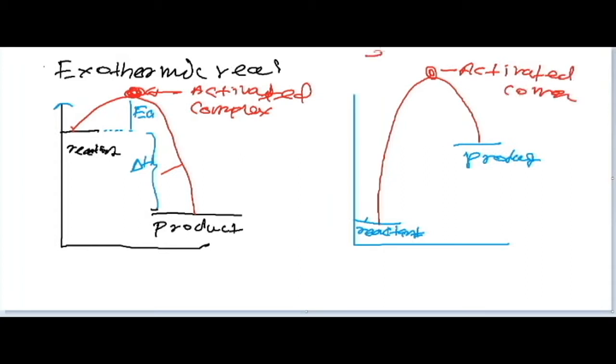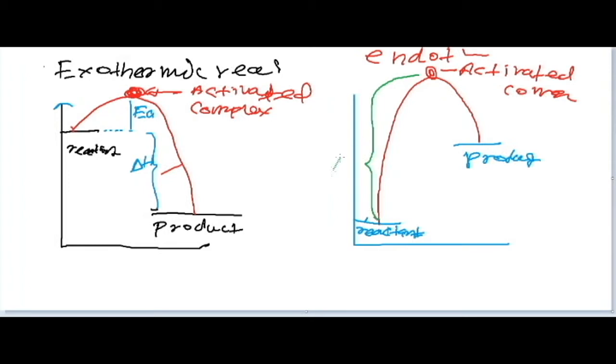Activated complex, this is related to endothermic reaction. Okay. So here also we can get the definition, the energy difference between activated complex and reactant called as the activation energy. I will use another different color. Okay.